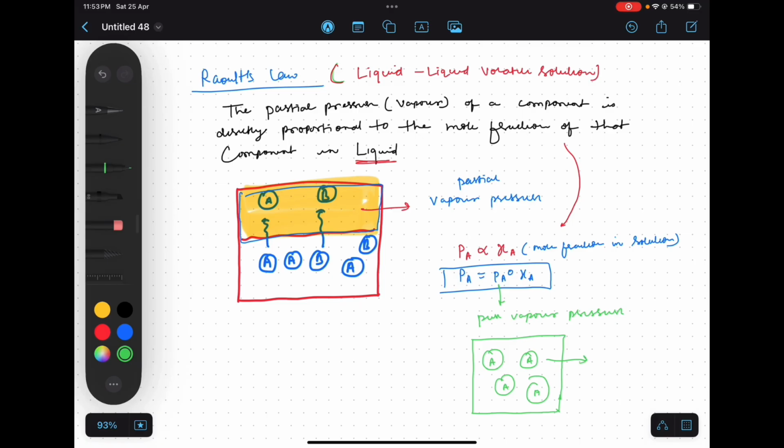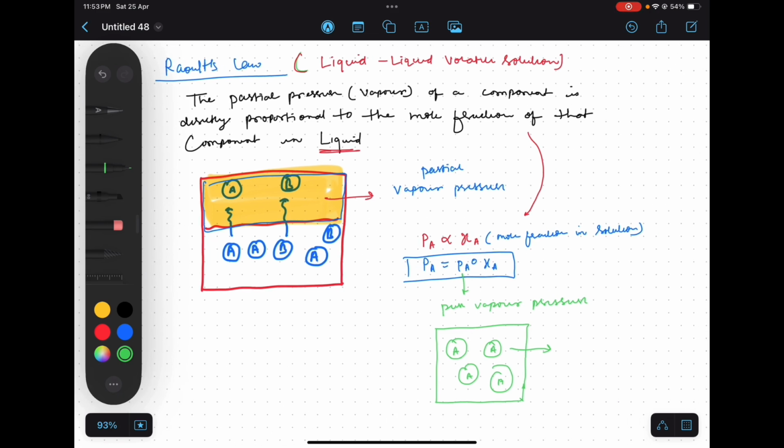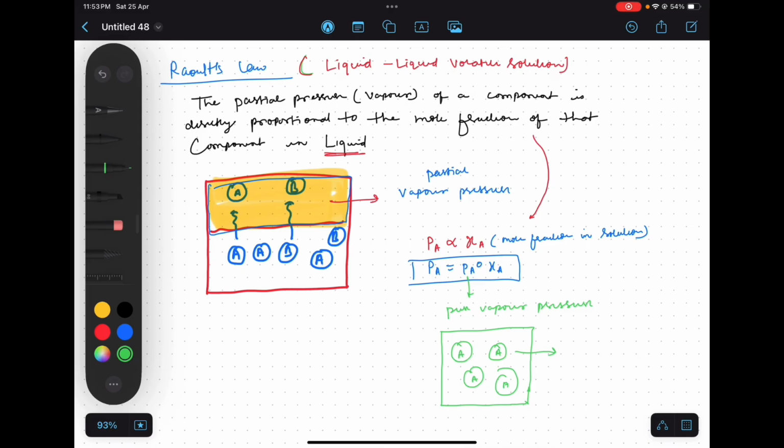PA naught is the pressure which is measured when we have only that component in a particular chamber, in a particular system. So I can define it as the pressure when we have only a component in the system.